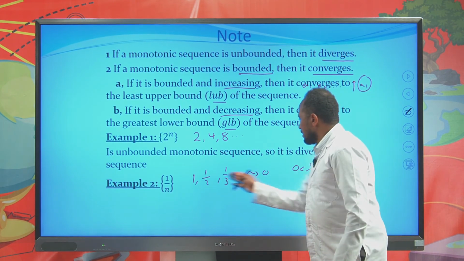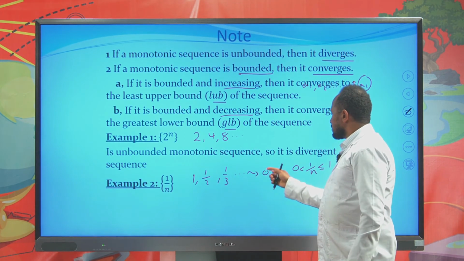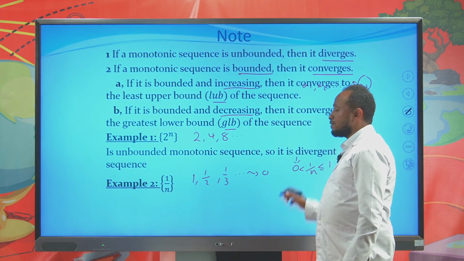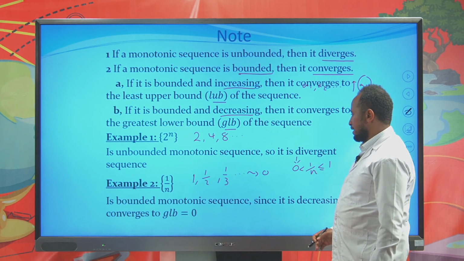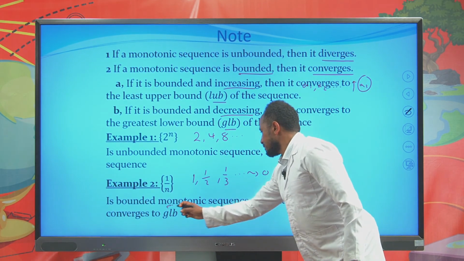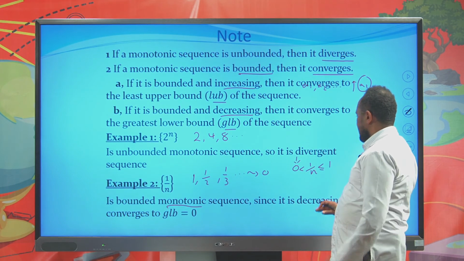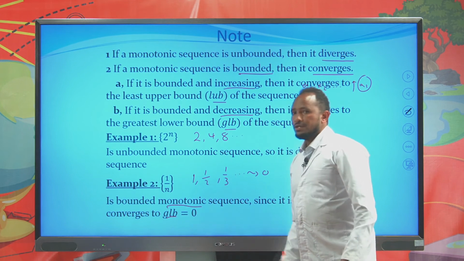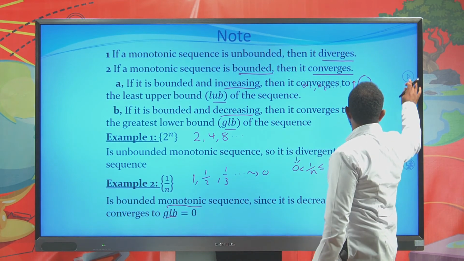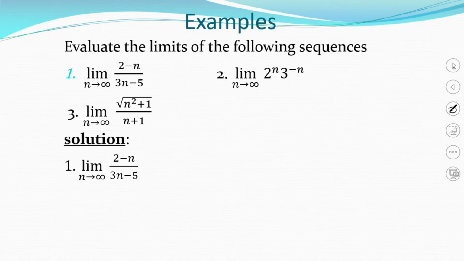So at infinity, since it is decreasing, it converges to 0. It's the least upper bound of the sequence. So this one is a bounded monotonic sequence, and since it is decreasing, it converges to the greatest lower bound, which is 0.